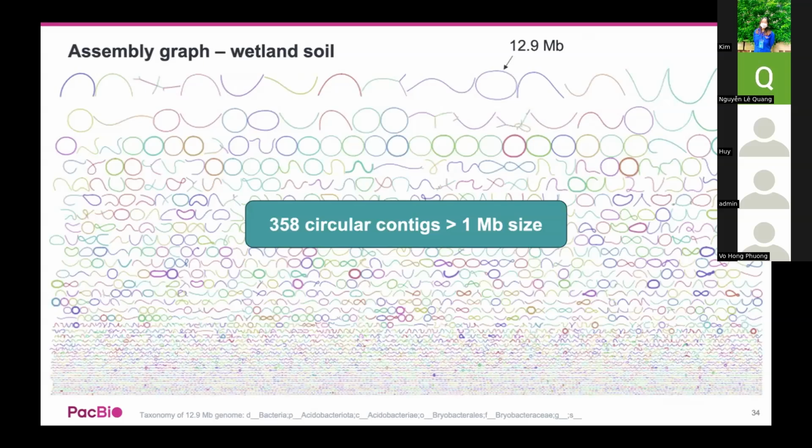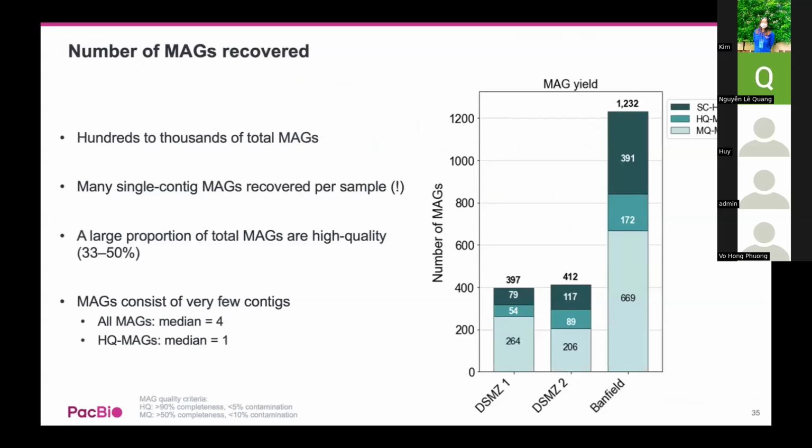So looking at the actual number of MAGs recovered, we're getting hundreds of thousands of total MAGs from all of these different samples. And many of them are single contigs, and as much as 50% of the total MAGs are actually high quality MAGs. So in this study, high quality means greater than 90% completeness and less than 5% contamination.